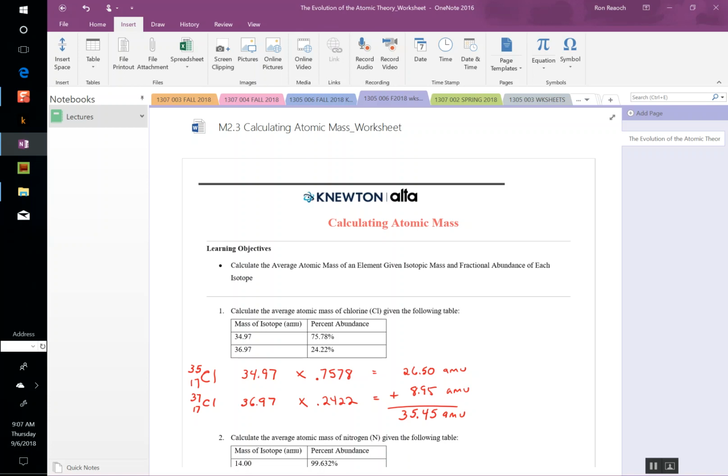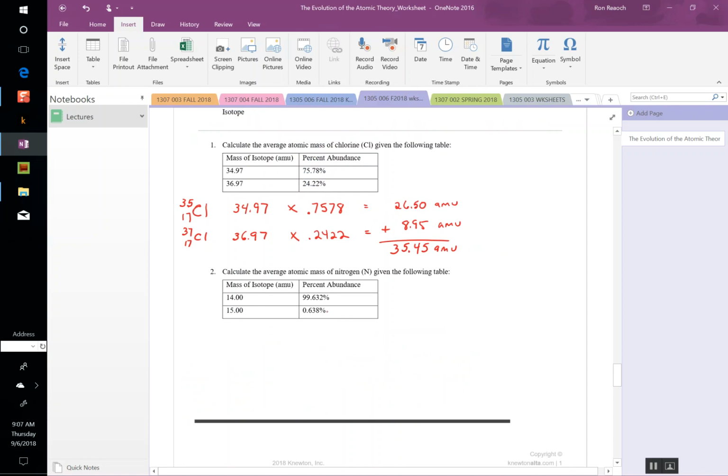All right? And so you multiply this out, add it up, and you get the average atomic mass. We won't do all of these, but this one down here is going to be times this number. And this one, 0.638%. We got to move that decimal point over 2 places. All right, you're going to multiply that one by 0.0068.